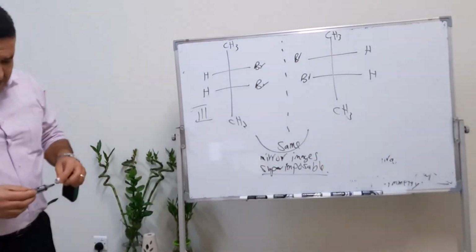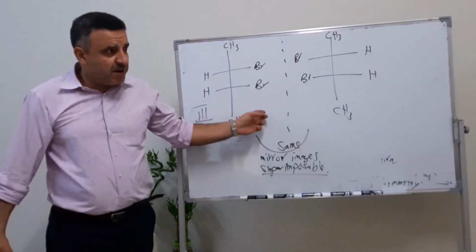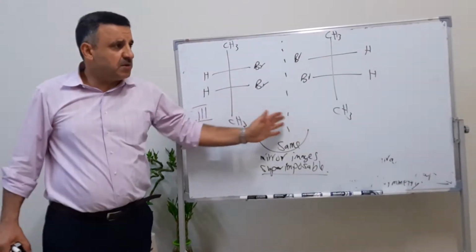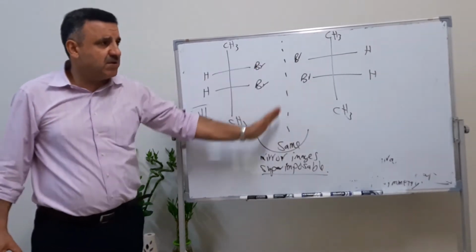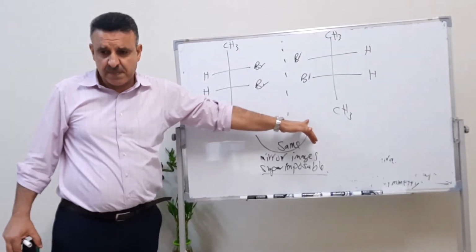Do you follow me? Why are they superimposable? Of course, they are mirror images. I think everyone knows. They are mirror images because if you place a mirror here, you will see this is the mirror image of that, isn't it?